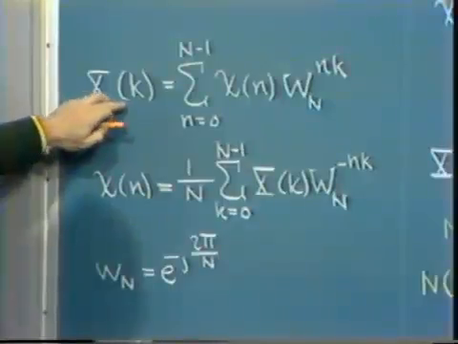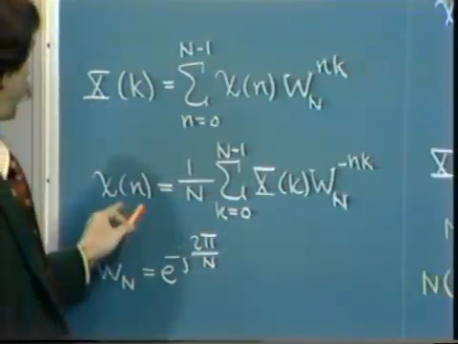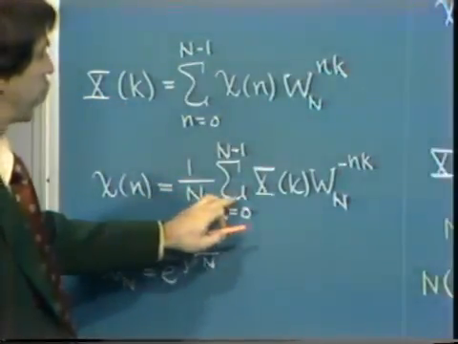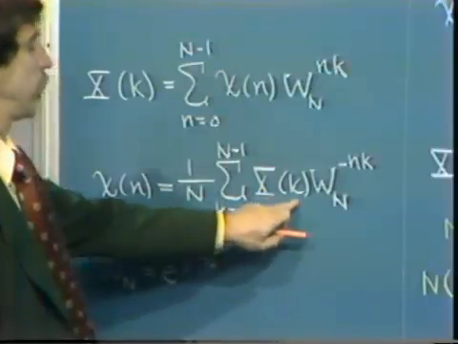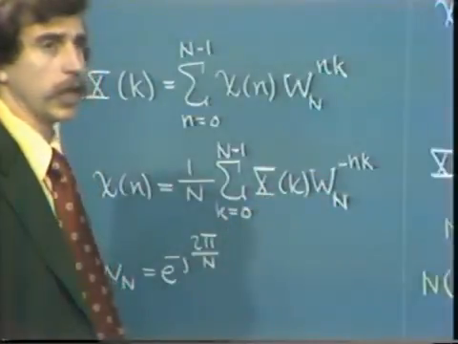Or equivalently, there is the inverse discrete Fourier transform given by 1 over capital N times the sum of X of k, the DFT, times W sub N to the minus nk.